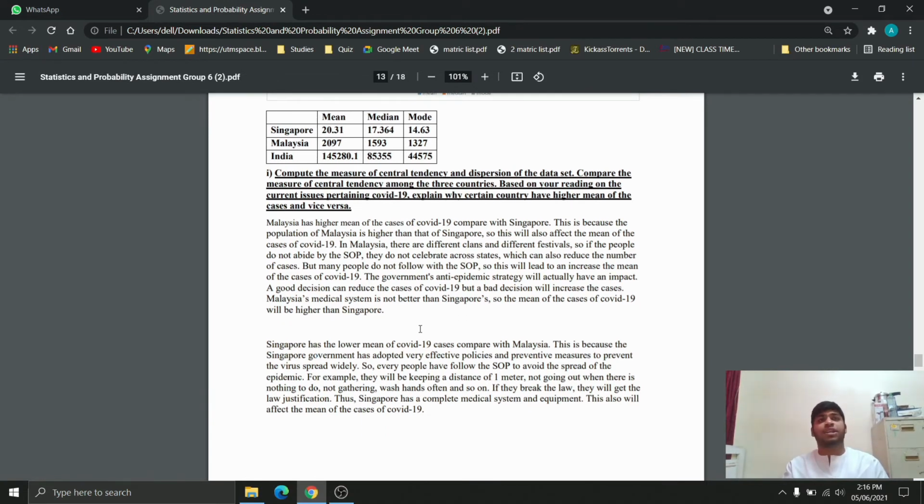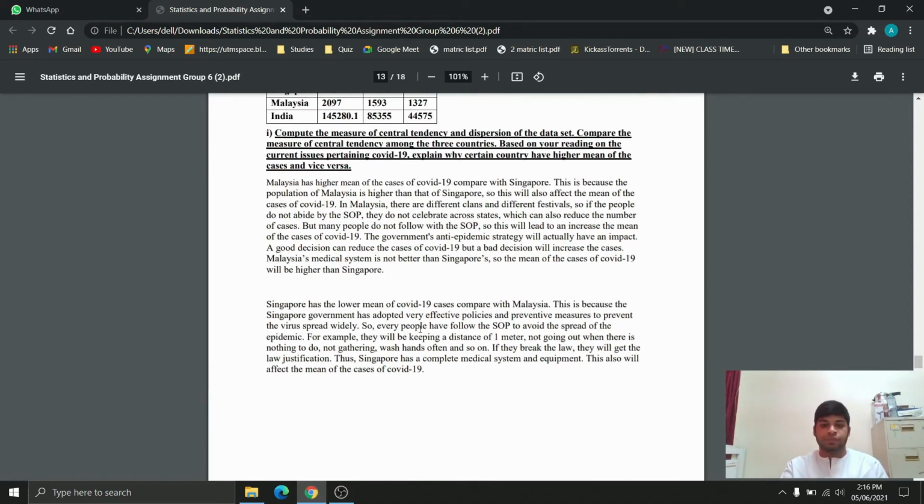Another factor is that Singapore has better medical facilities and equipment and better handles the medical needs of the people compared to Malaysia.